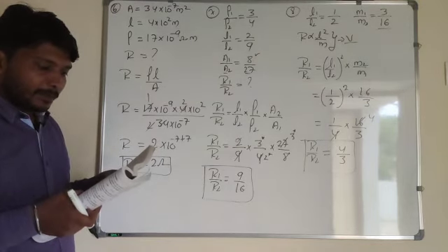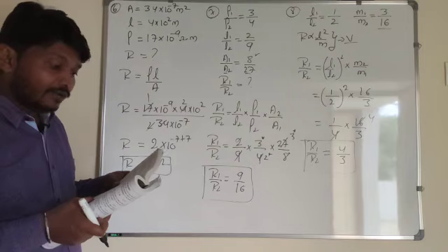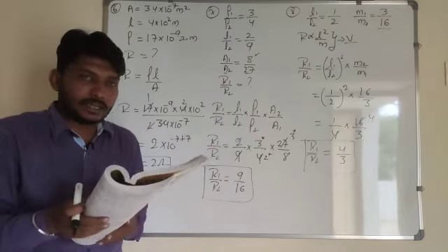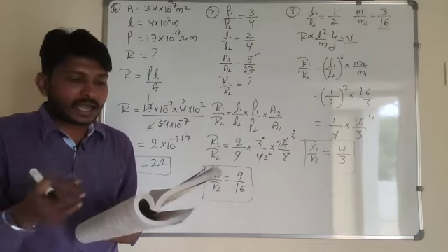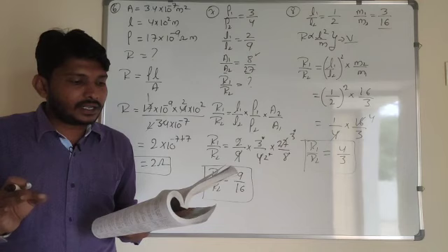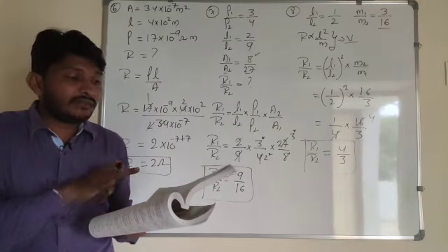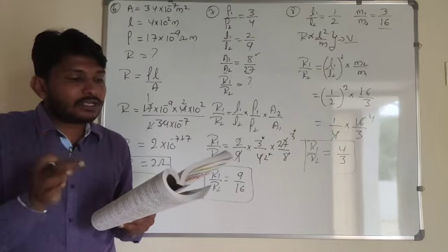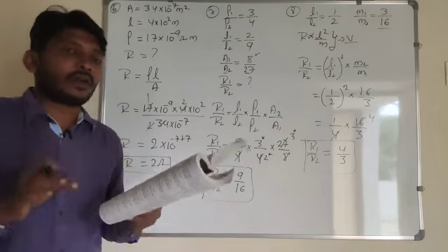4 wires are made up of same materials, have different length and radii. So they mention these 4 wires having the same materials, and all these wires having different length and radii. The wire having more resistance of the following case is.